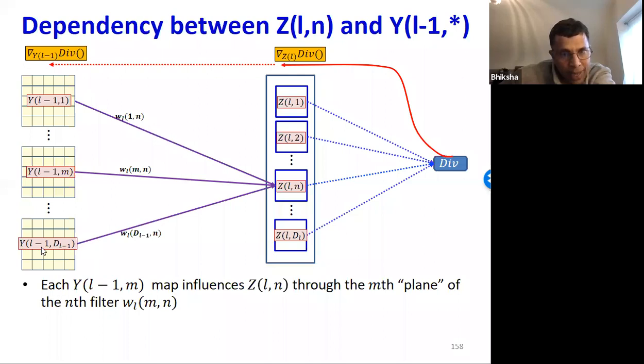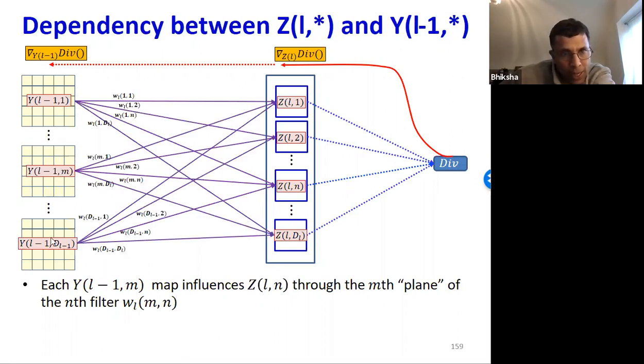So let me sort of redraw these with straight lines. Every one of these maps is going to be affecting this nth map over here. And this nth map influences divergence. In fact, every one of these maps is going to be influencing every one of these guys. And they're all going to be affecting how you compute the divergence.